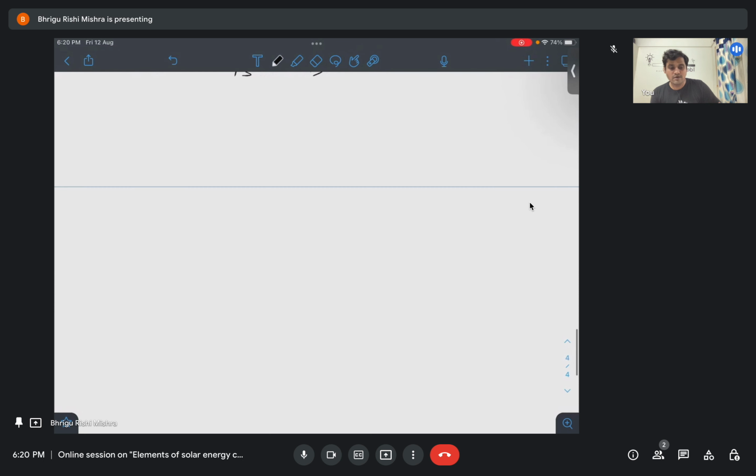Now in order to calculate the monthly average, we need to pick a day which we can use to represent the monthly average solar radiation.